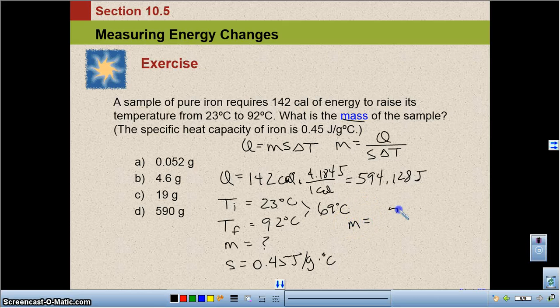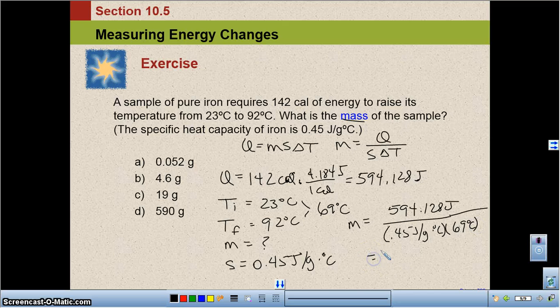Mass equals 594.128 joules divided by the specific heat, which is 0.45 joules over grams times degrees Celsius, times the change in temperature, which was 69 degrees Celsius.